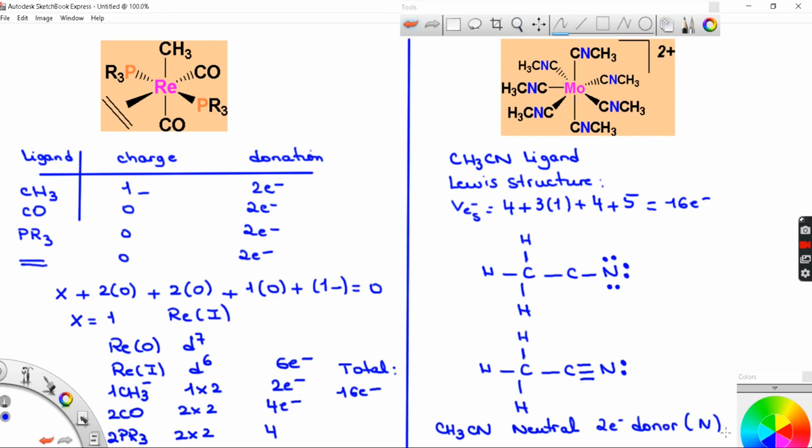So Mo, we return to the example, we find the oxidation state of Mo: plus 2, 4, 6, 7, plus 7 times 0 equal 2. So X equal 2, and we have Mo2.